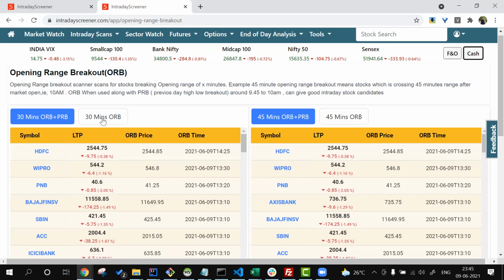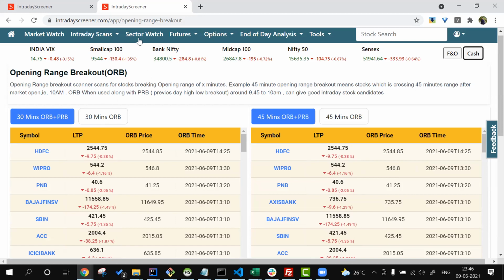If it is an opening range breakout, then the stock will be above the opening range as well as last day's high. And if it is a 30-minute breakdown, that means the stock will be below the first 30-minute range, either below the low or above the high, and it will be below or above the previous day high or low.